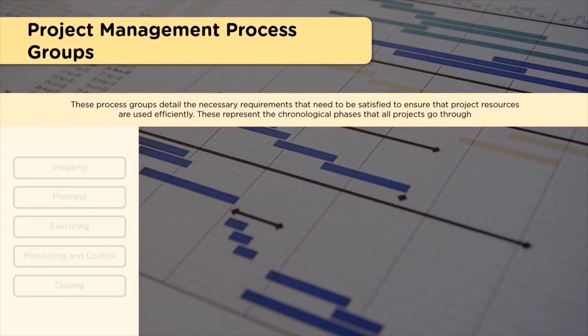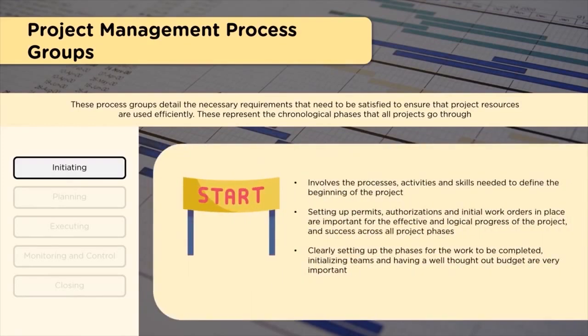So initiating process group. The initiating process group involves the processes, activities and skills needed to define the beginning of the project. As I mentioned earlier, in the initiating process group, the creation of the project charter happens and identification of the basic stakeholders, main stakeholders who are required to understand the further requirements in detail, who need to be engaged. So those are identified.